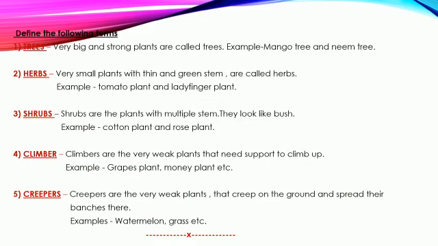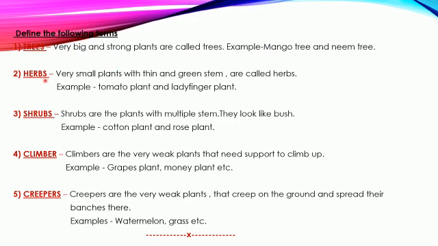After this, you give this heading. Define the following terms. Some definitions I have given you. So all these definitions you have to write in your classwork copy. The first term is the trees. Definition: very big and strong plants are called trees. Example, mango tree and neem tree.